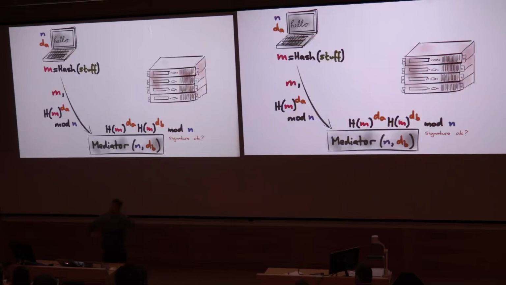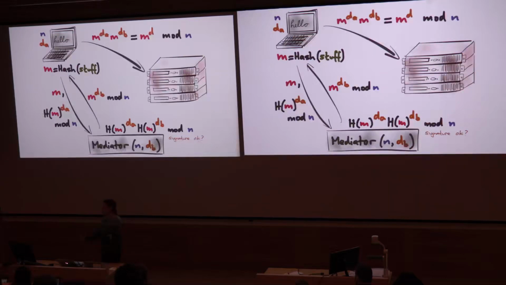And now, once the mediator has validated that this is a valid signature, it will calculate m to the power dB mod n and return that back to the client, and the client can now do the same thing as before. It can construct a valid signature and use that to log into the service. Okay, so that's how we can authenticate requests to the mediator.